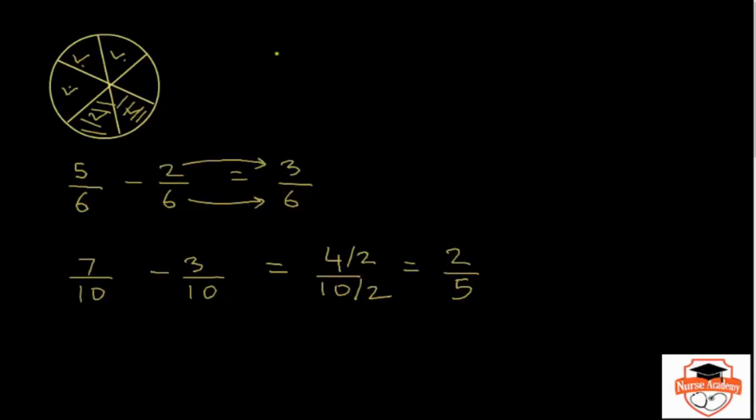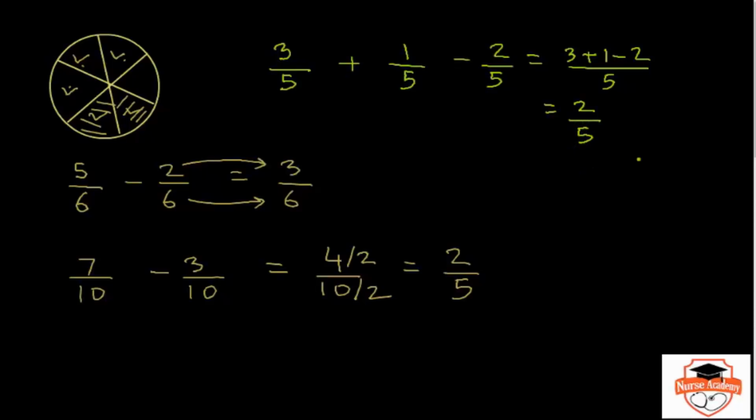So if you were to do, let's say, 3/5 plus 1/5 minus 2/5, you would end up getting something over 5. And on the top, you have 3 plus 1 minus 2, which is 4 minus 2, 2 over 5, 2/5.